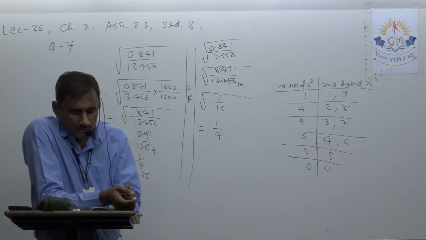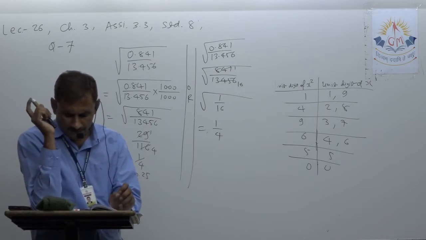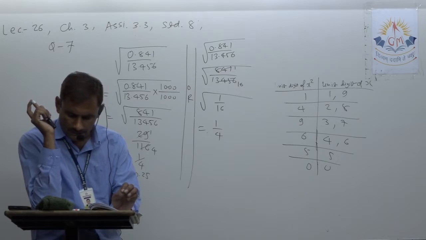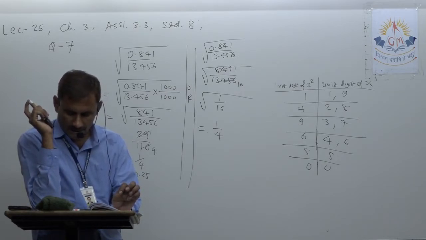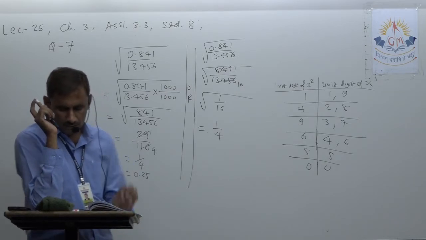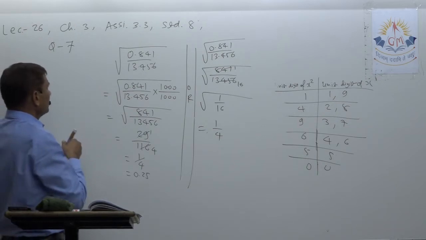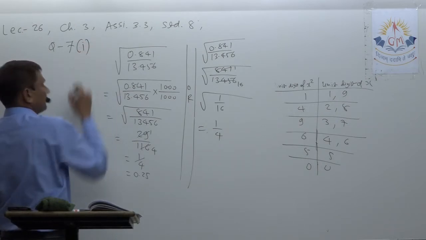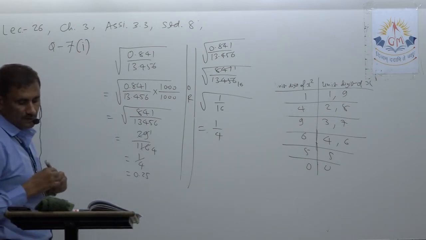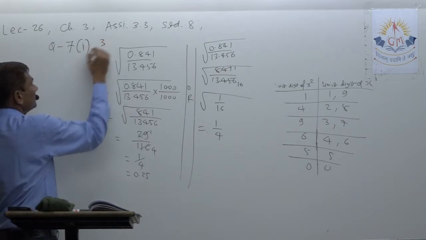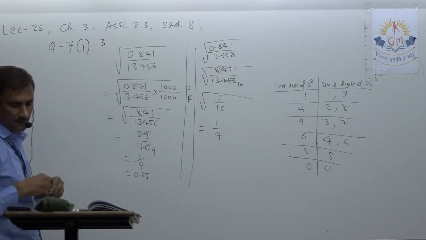Okay. So again it is very simple, but still I am solving a few sums. So first and last, right now I solve here. In the first one they have given 3. So we want to find the square root of 3.